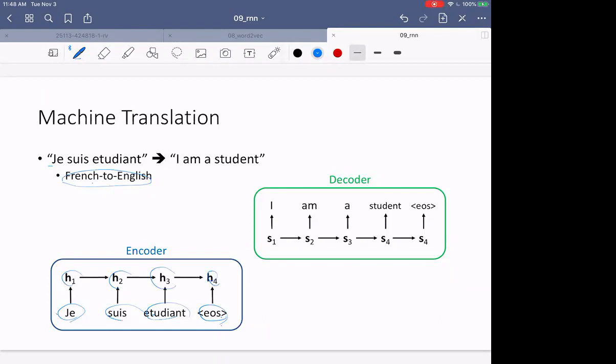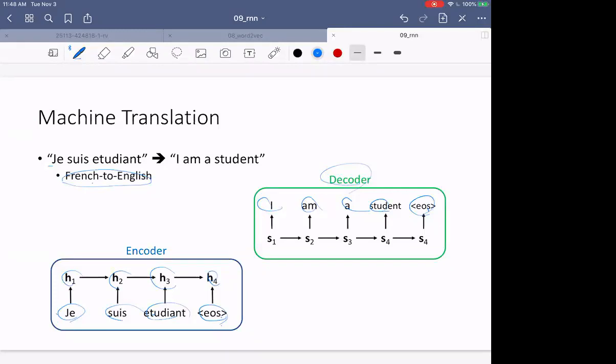For the decoder, what you need is to generate an English sentence corresponding to the French sentence. So I am a student, end of sentence. That's what you need your decoder to output at each time step. So that's the basic premise. All good here, right? It's pretty simple. I mean, this is all like 2014 story.